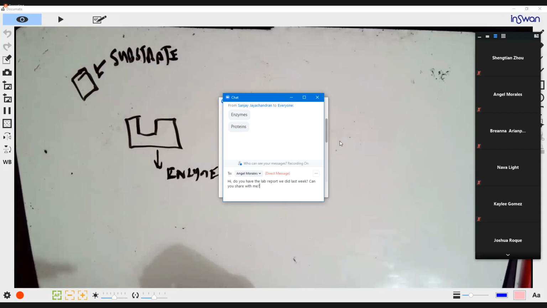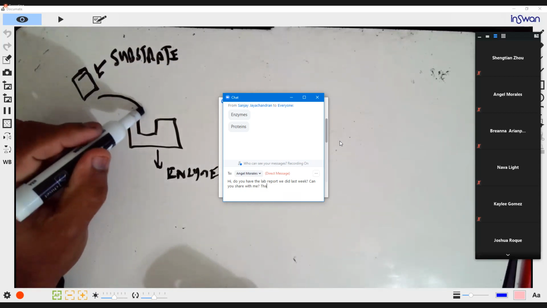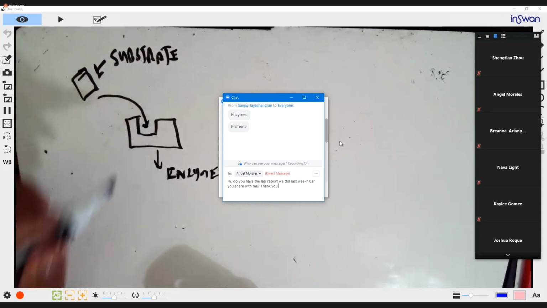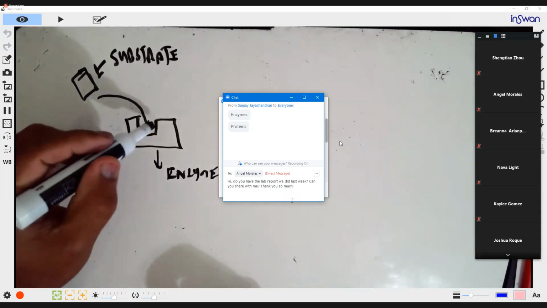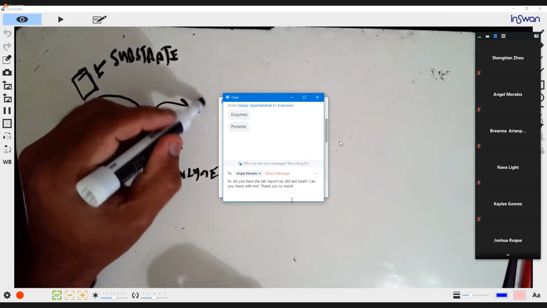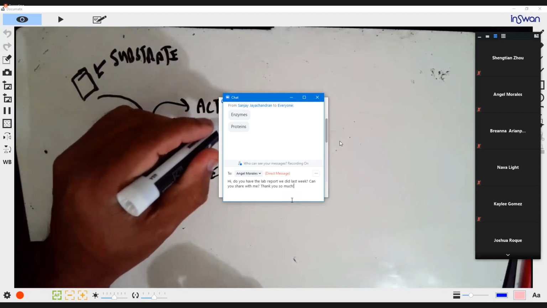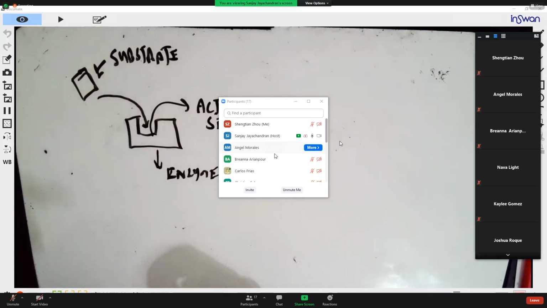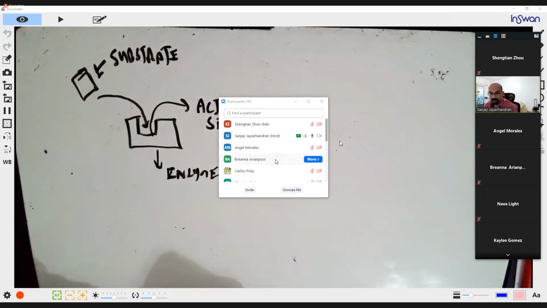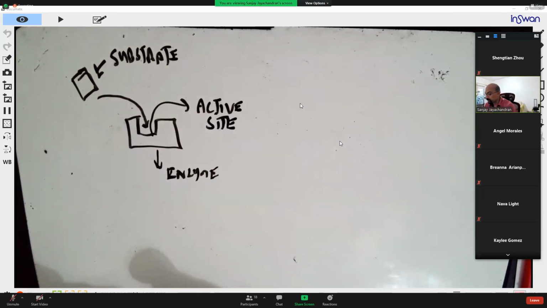The substrate is going to fit into a certain site on the enzyme, like a key fits into a lock. The enzyme is the lock, the substrate is the key. The keyhole is called the active site. So the substrate is going to hook onto the active site of the enzyme, and fit into it.